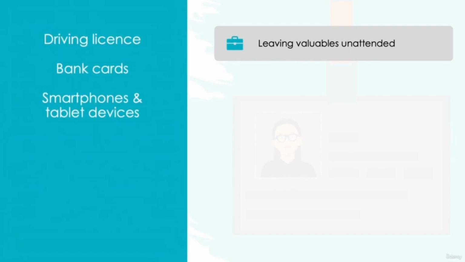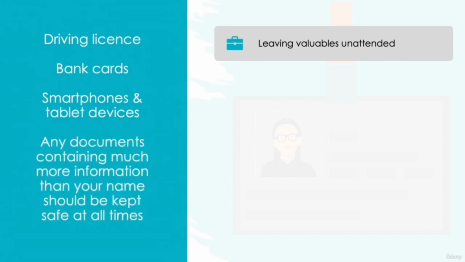When travelling especially, we can put ourselves as easy targets since we tend to carry a lot of our personal valuables with us, such as your passport or your travel documents. Remember, any documents containing much more information than just simply your name should be kept safe at all times. It's easy to forget that the everyday items we carry with us can hold so much value for a hacker.